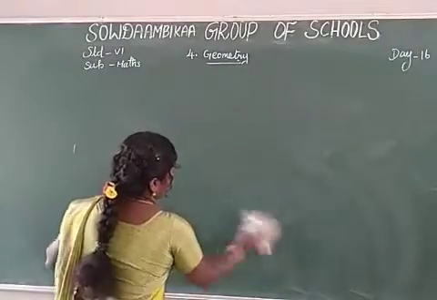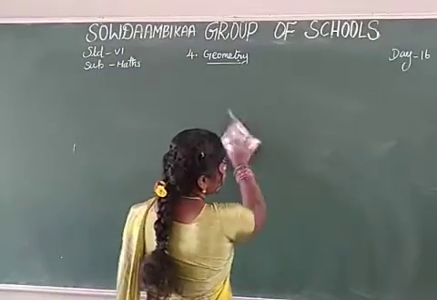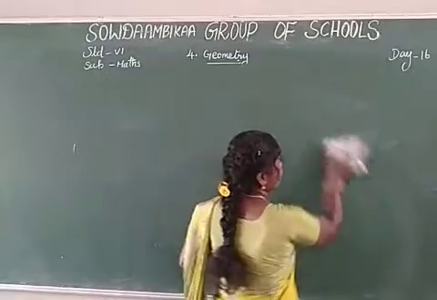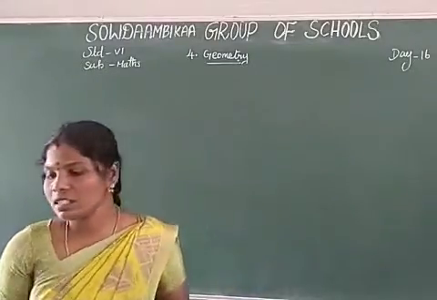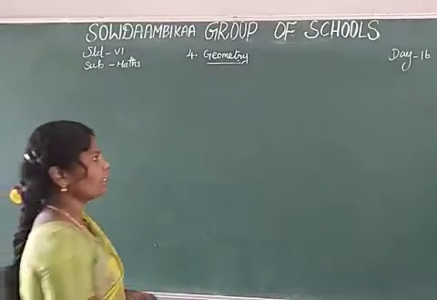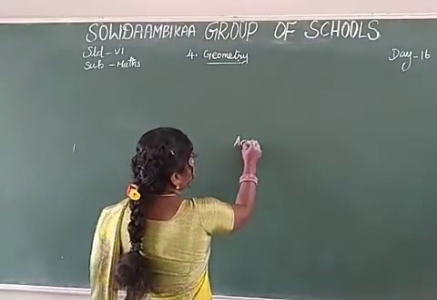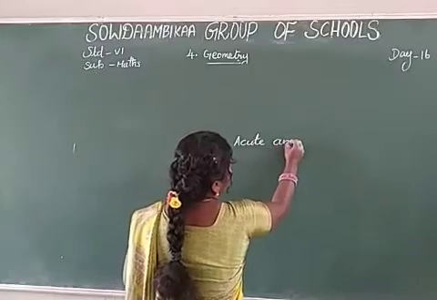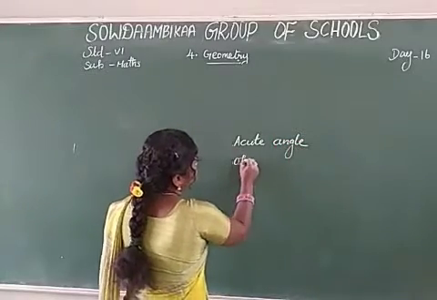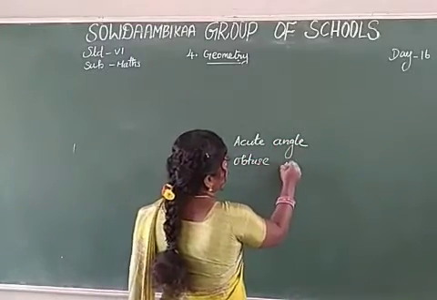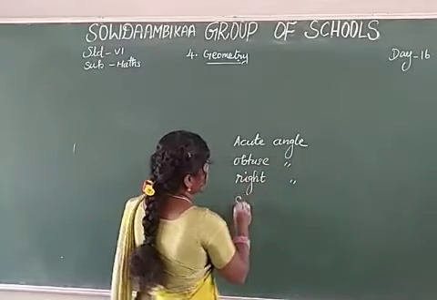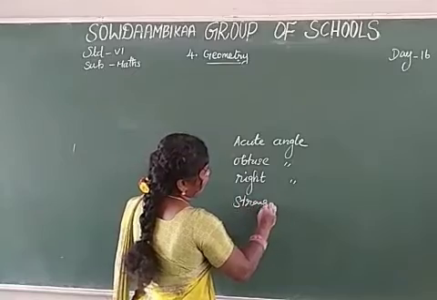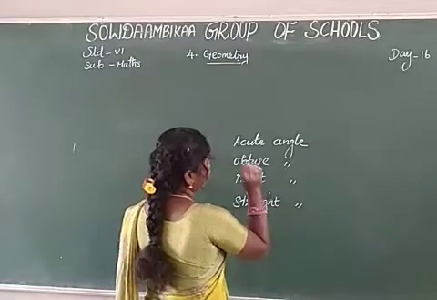Now see the angles. You already know this from the last class, the 5th standard: acute angle, obtuse angle, right angle and straight angle. Okay, you already know this very well.